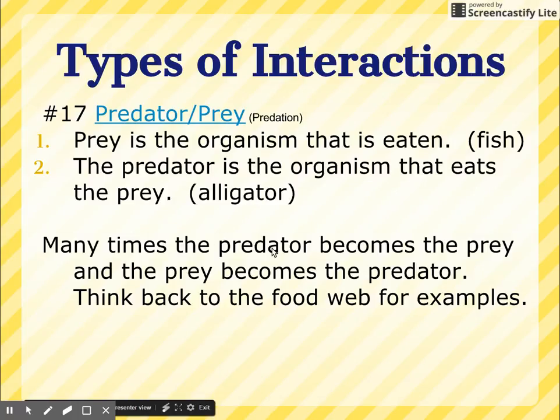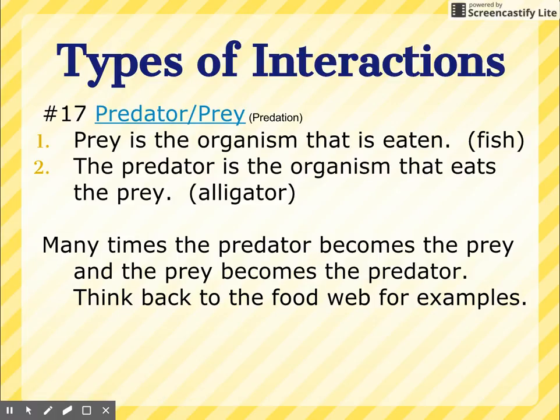And oftentimes, a predator can also become a prey. So the snake is a predator to the mouse, but to the hawk, the snake is a prey. We change roles. We feel pretty confident in our houses against animals, but if we were to walk out into Alaska or swim out into the deep ocean where there might be animals that want to eat us, we quickly realize that we are potentially prey.